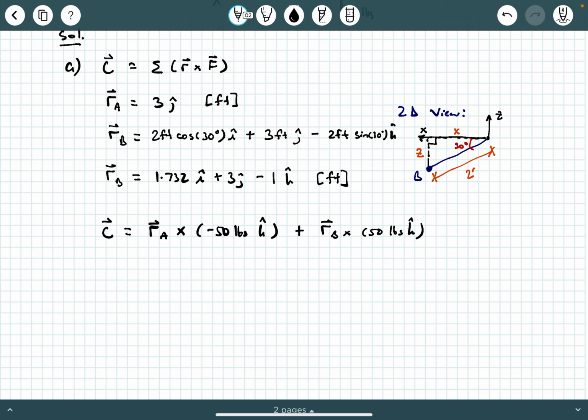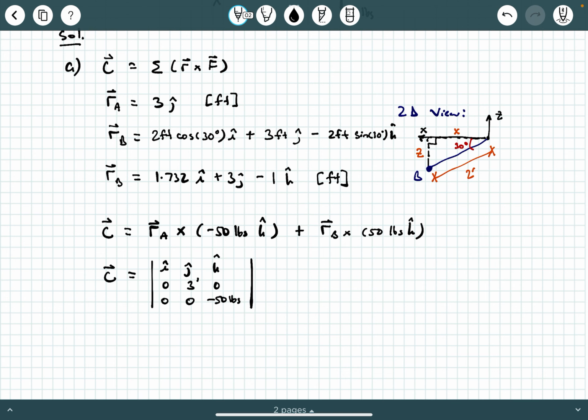So from here, I can set up two 3x3 determinants that I need to evaluate. So what is that going to look like? Well, we're going to have C equals, open up a determinant, i, j, k, 0, 3 feet, 0, and then 0, 0, negative 50 pounds.